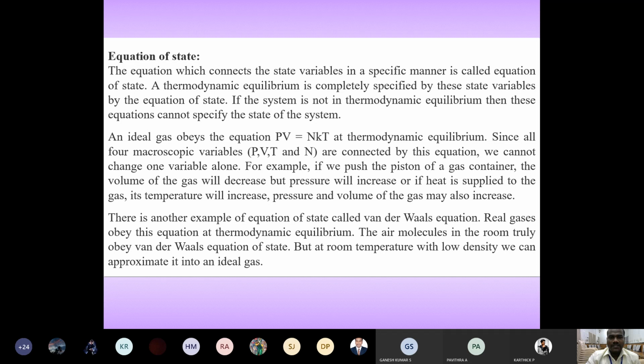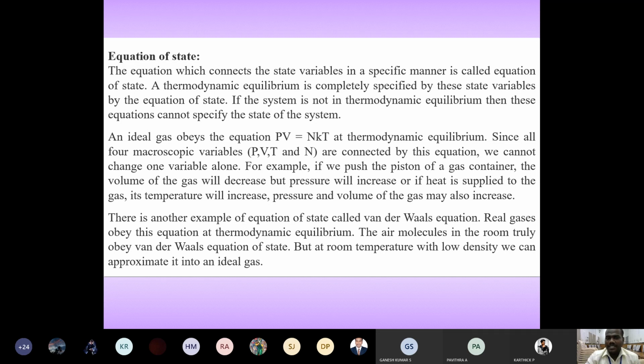Then, the equation of state. The equation which connects the state variables in a specific manner is called the equation of state. So we know what the state variables are. These state variables are connected in a specific manner called the equation of state.